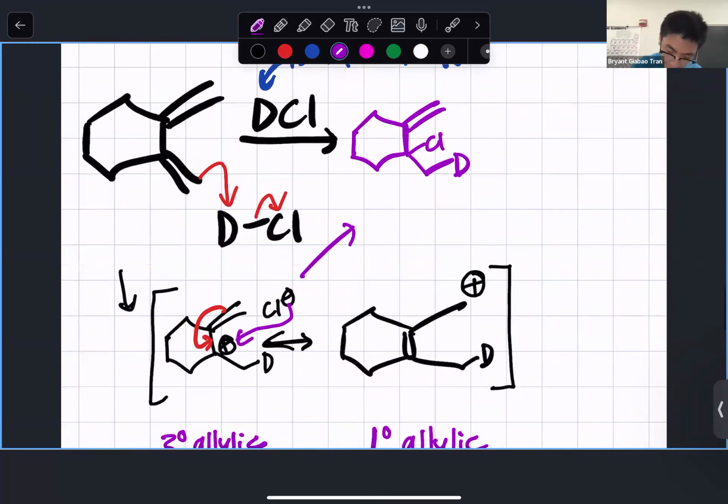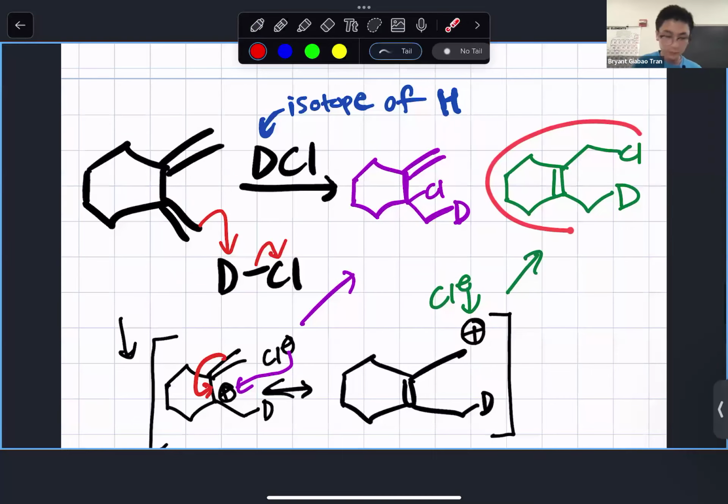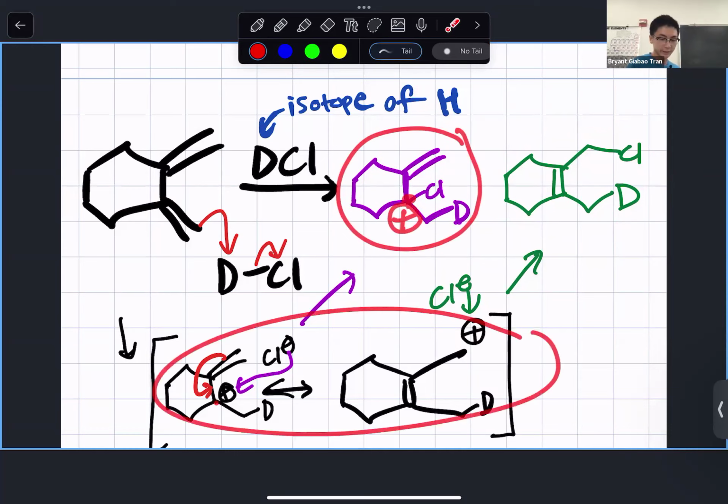Oh, and let's say the Cl minus here attacks that one to give us this thermodynamic product here, where this is our thermodynamic product because this is our most stable double bond. This is our kinetic product because it came from the more stable intermediate. There was a carbocation right here, which was the most stable carbocation intermediate here.